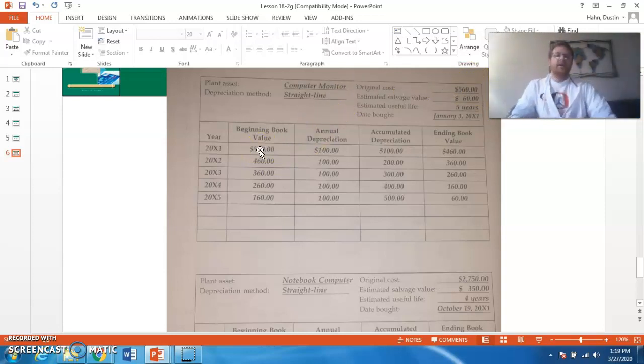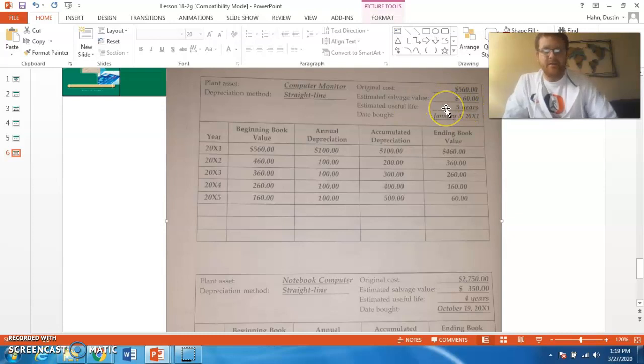To figure out our annual depreciation right there, that 100, all you have to do is take your $560, which is your original cost, minus your $60, which is your estimated salvage value. $560 minus $60 equals $500. Now we want to take that $500, divide that by 5, because that's how long you are planning on having it.